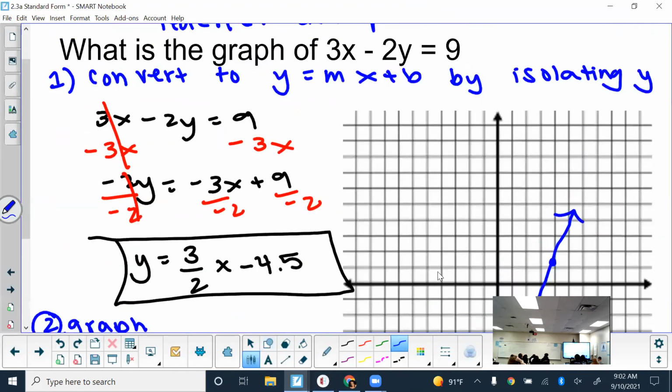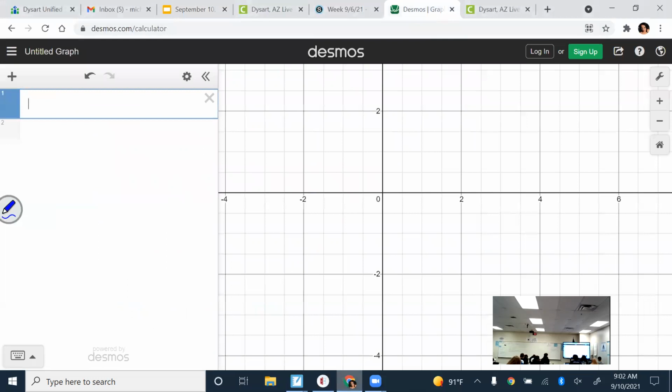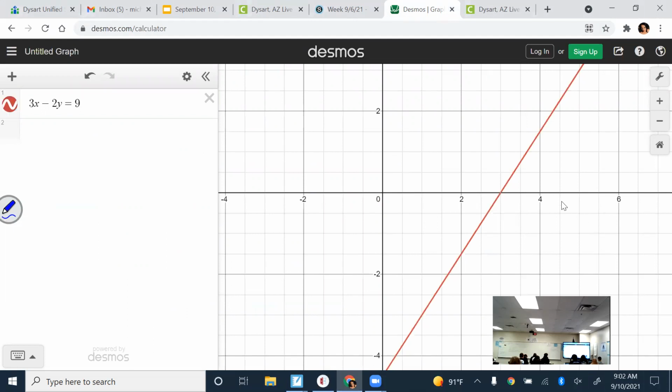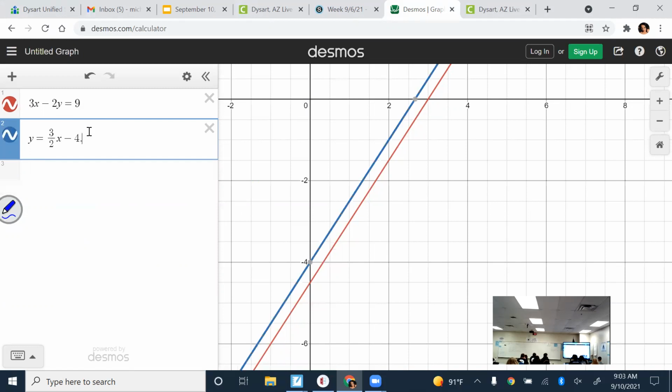So it was 3x minus 2y equals 9. All right, and it makes a nice little line over here. And what I can do is type in what my answer is. So y equals 3 halves x minus 4.5.